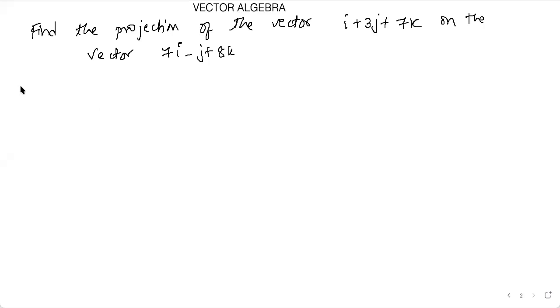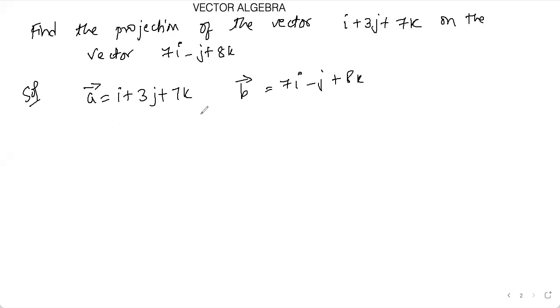Let us find the solution for this. Now, given the vectors, if you consider A as i plus 3j plus 7k, right? And for B, vector as 7i minus j plus 8k, right? So let us consider this.